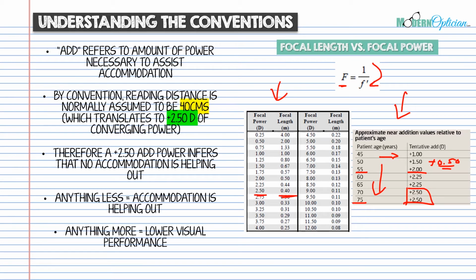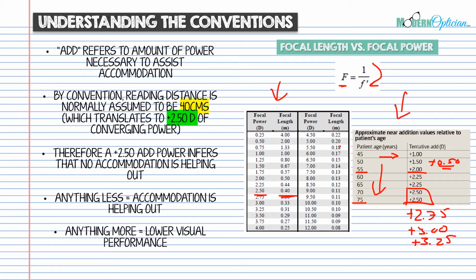And anything higher than 2.5, you notice that we didn't go any higher here than a plus 2.50, so a 2.75, a plus 3, even sometimes you'll see a plus 3.25. These are usually due to lower visual performance, either from optical media opacities such as cataracts or anything like that, or some form of low vision problem.